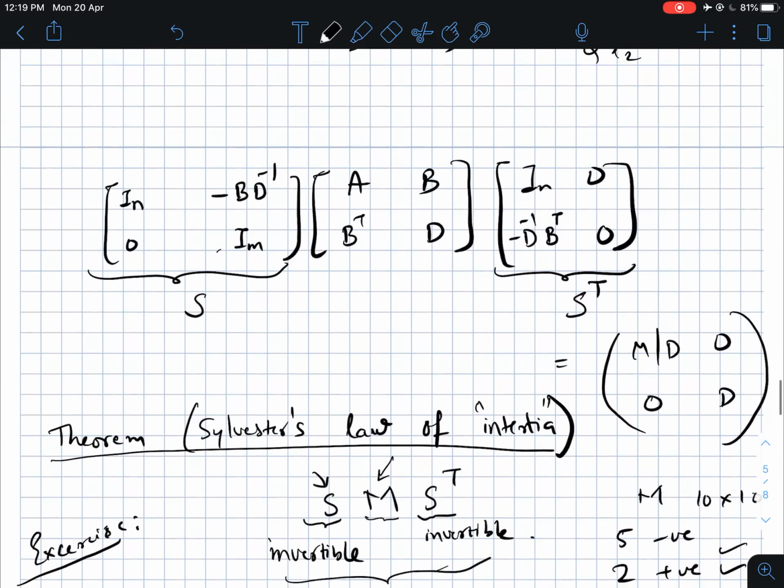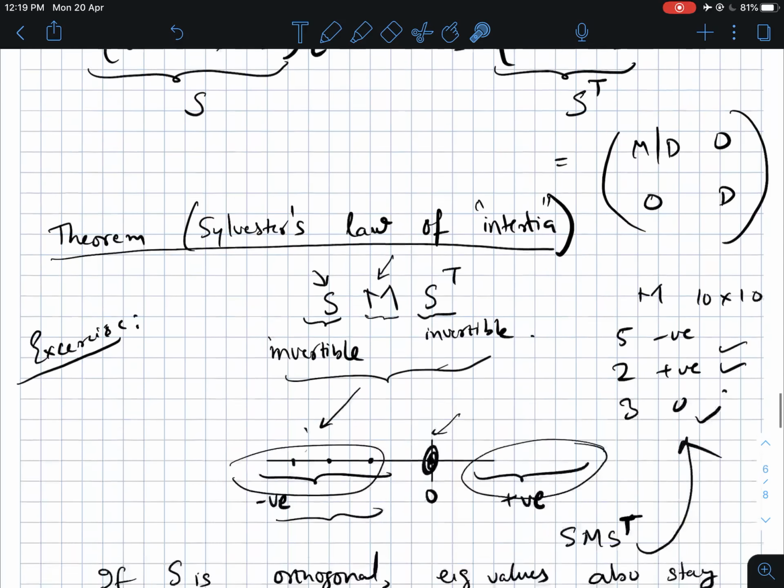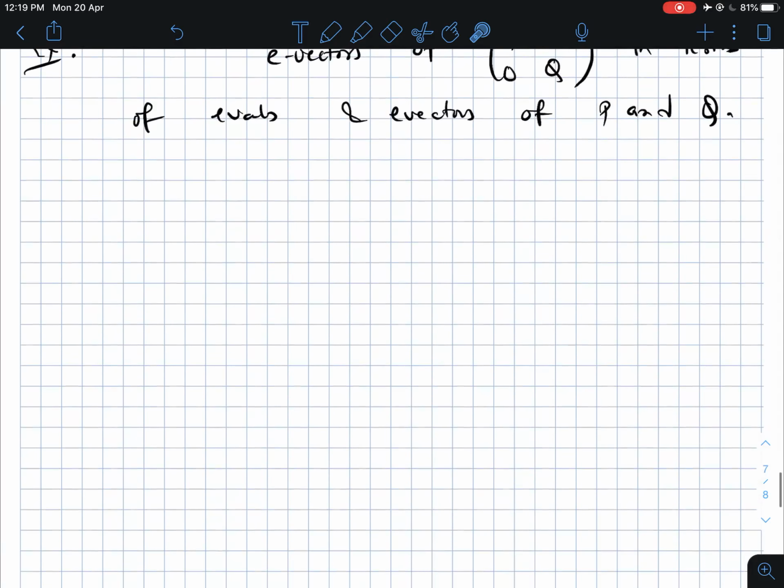What I'm trying to say is that there are two levels of argument here. By Sylvester's law of inertia, the number of negative eigenvalues of this is equal to the number of negative eigenvalues of this. And the number of negative eigenvalues of this matrix is equal to the number of negative eigenvalues of this plus the number of negative eigenvalues of this.